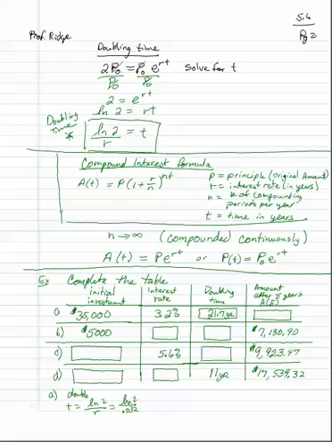Okay, now we're going to do A of 5. A of 5 is going to be the initial amount, 35,000, times e to the 0.032 times 5.